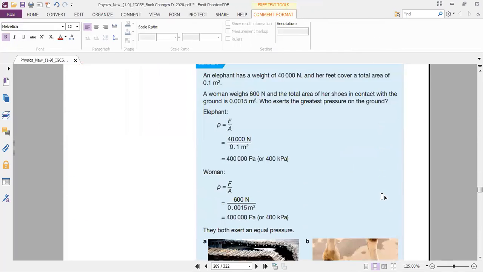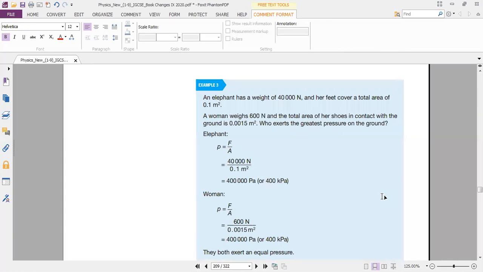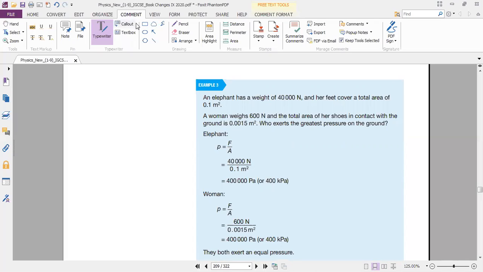So there is another math here. An elephant has a weight of 40,000 Newton. Look at this. Her feet cover a total area of 0.1 meters square. An elephant has 4 feet, so the total area covered by her feet is 0.1 meters square.